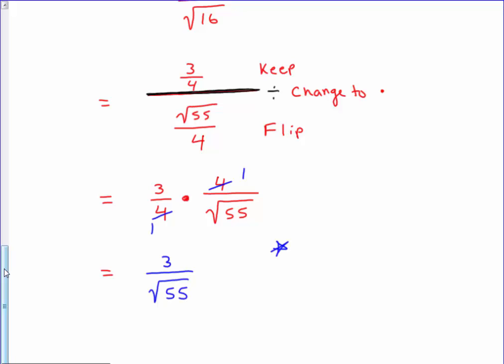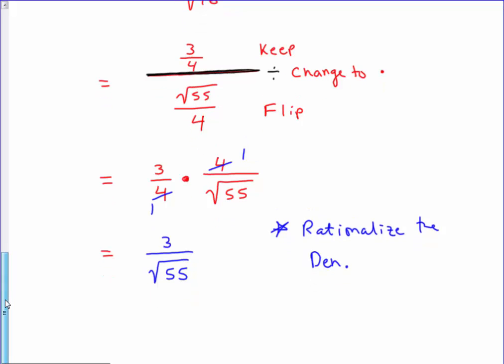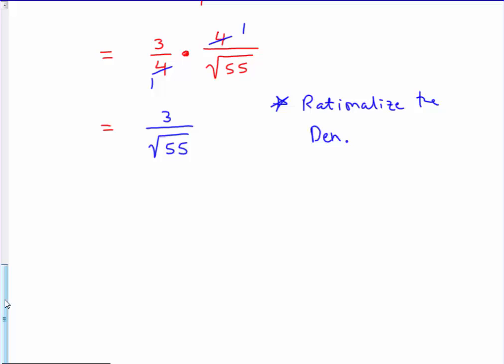Now, there is something that we call rationalizing the denominator. And to be able to get the answer right online, you must rationalize the denominator. To do this, you can multiply the top and bottom of your resulting fraction by whatever you have in the denominator.